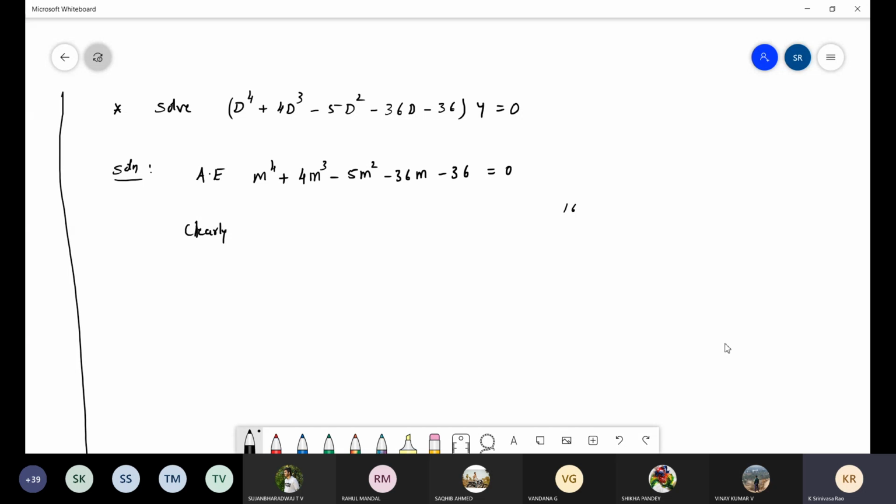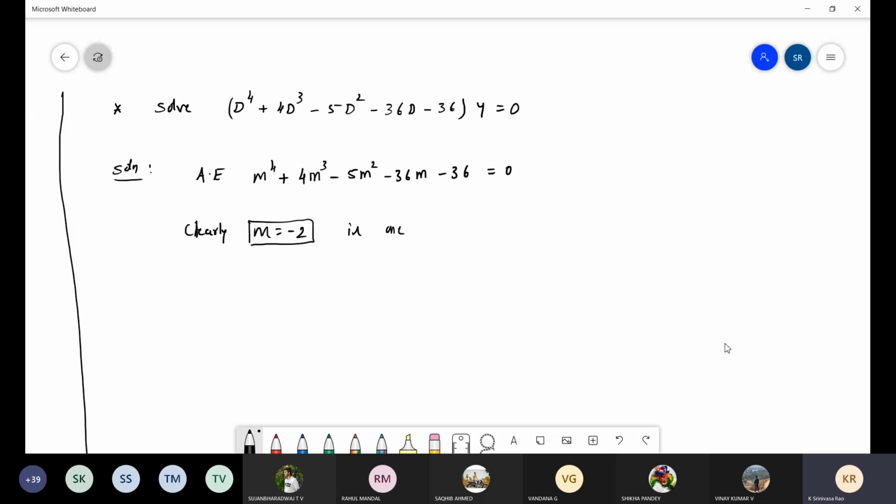This is minus 8, so minus 32. Minus 2 will give 0. Okay. Yes, we will go with m equals minus 2. Clearly, m equals minus 2, put it in a box, is one root.